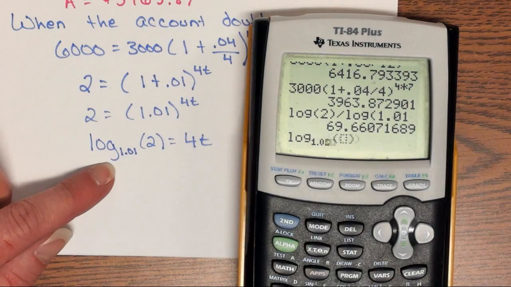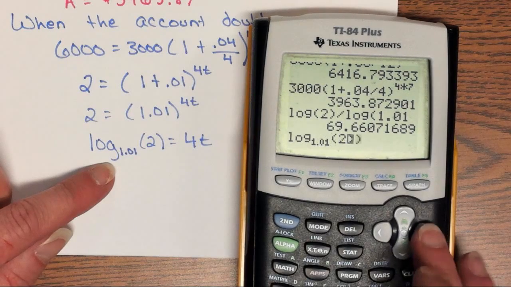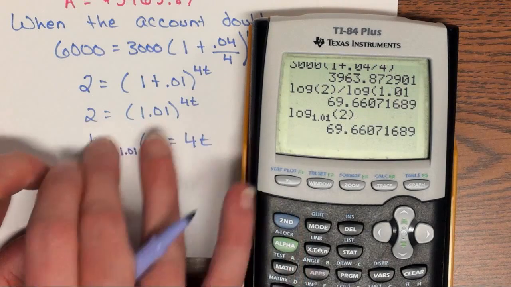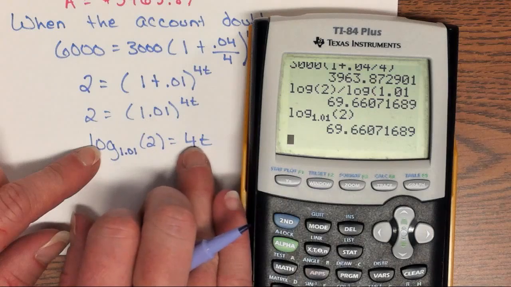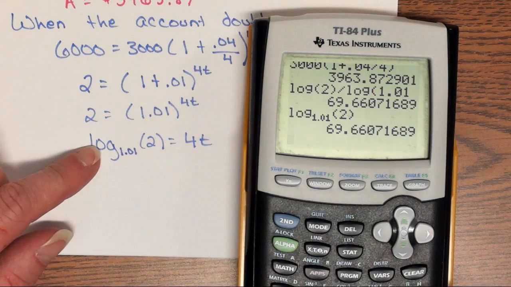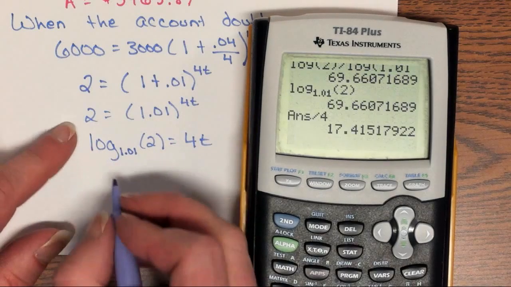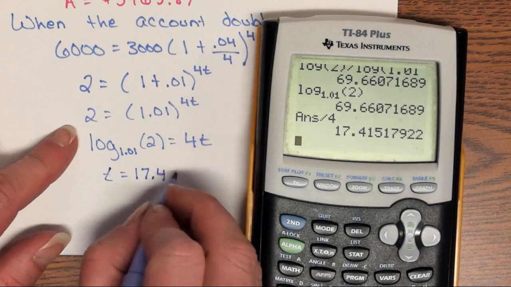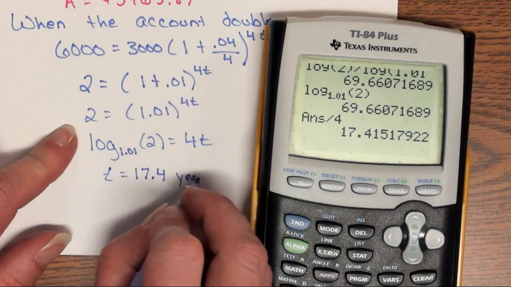Log base 1.01, 2, gives me the same answer. So that's what this logarithm would be. And to find out the actual number of years, we're going to divide by 4. And so our time would be 17.4. So that's 17 years. That takes a long time.